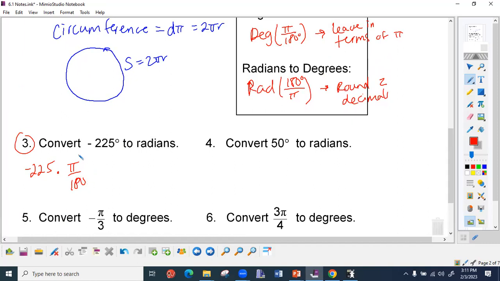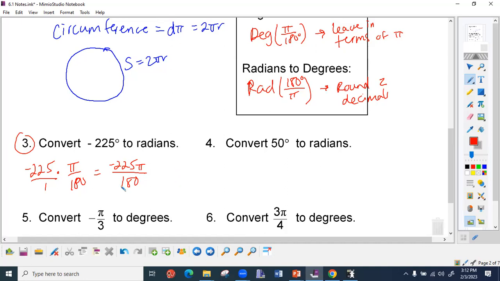When you're multiplying, you multiply straight across, right? Numerator times numerator, denominator times denominator. Agree? So we have negative 225 times pi over 180.